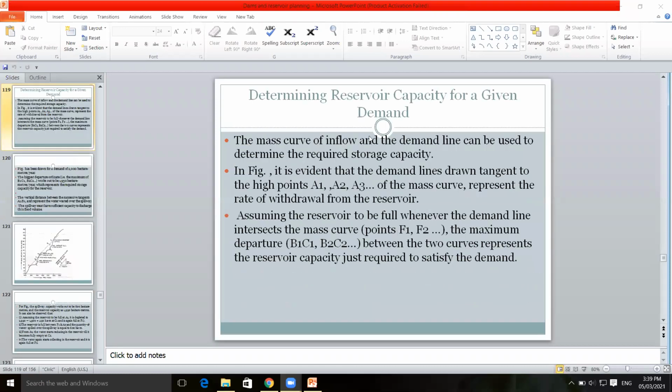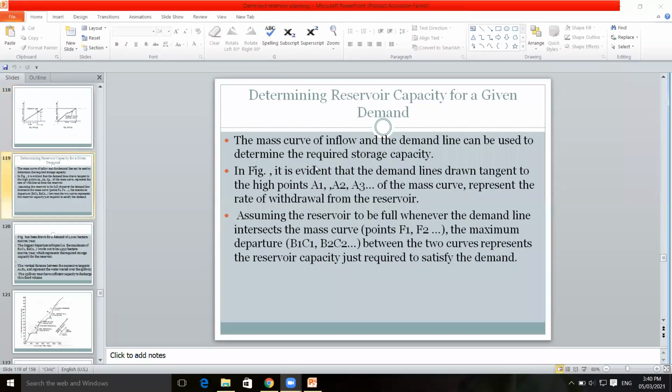Then determining the reservoir capacity for given demand. From the given demand, how to calculate the reservoir capacity. The mass curve of inflow and the demand line can be used to determine the required storage capacity. In the previous lecture, we have seen how to draw the mass inflow curve and mass outflow curve.